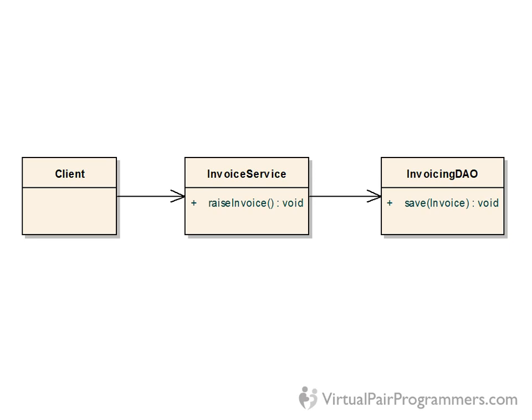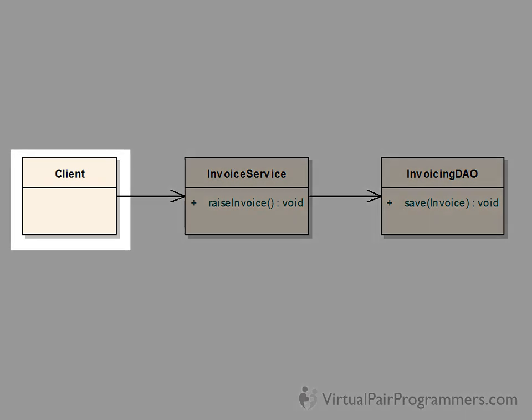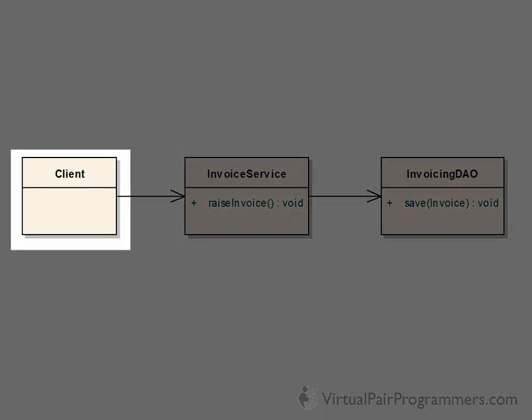We have an application which is going to be managing invoices for a company. And the initial design, which I've sketched up here, is just 3 classes. We're starting with the client class, which for now will be just a standalone Java console application.